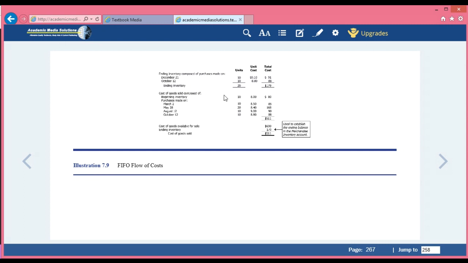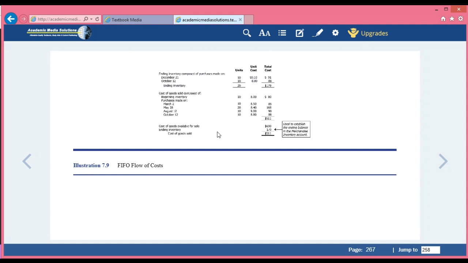First in, first out. They sold that one, then they sold that 10, then they sold that 20. They sold 40 because they have 20 left. You know they had to have sold those. And the ones that are left are what you go up here and put in ending inventory.